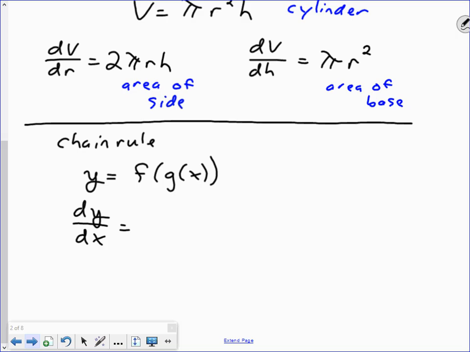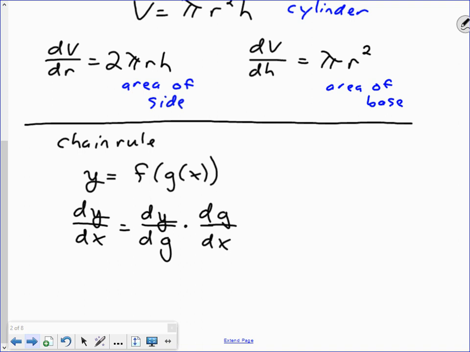On our right-hand side, we're going to have two of these fractions, like the dy/dx. We are first going to take the derivative of y with respect to f, and then we're going to multiply that by the derivative of f with respect to x. Oh, sorry, not f, sorry, g. Derivative of y with respect to g, and then the derivative of g with respect to x.